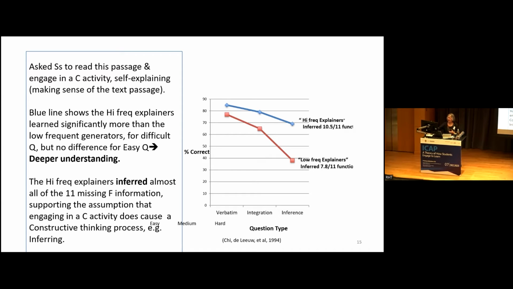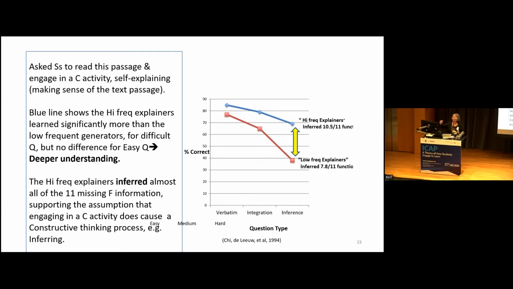On the x-axis are the question types. The one on the left is verbatim questions, which are easy. The second set are integration questions, which are medium. And then the inference questions, which are the most difficult. So what you see is that the most significant differences occur in the most difficult questions.